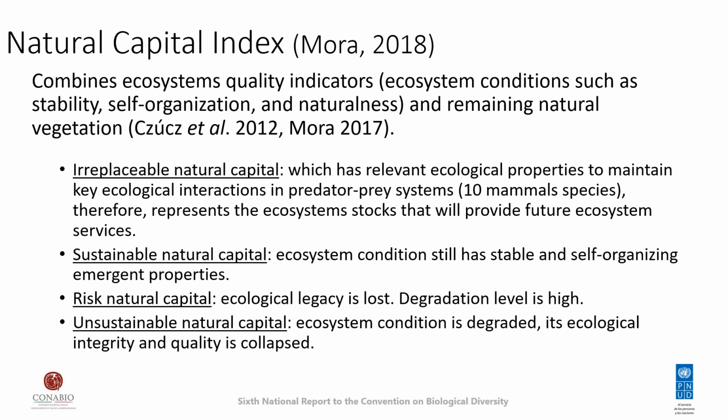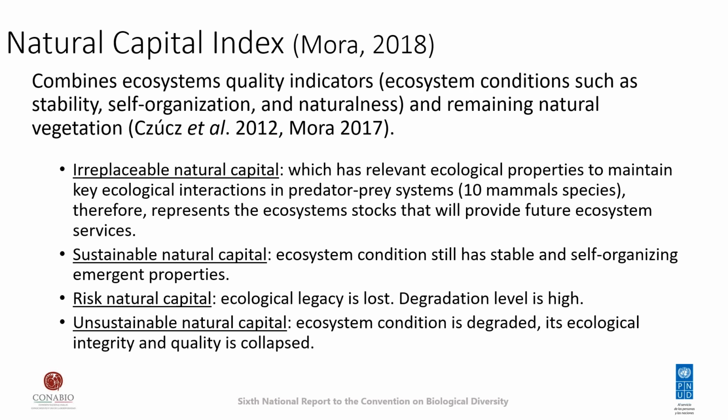Another category is risk natural capital, and it means places or ecosystems where the degradation level is very high and the ecological legacy is almost lost. And the last category is unsustainable natural capital, which means ecosystem places where the ecosystem condition is degraded and its ecological integrity and quality have collapsed.